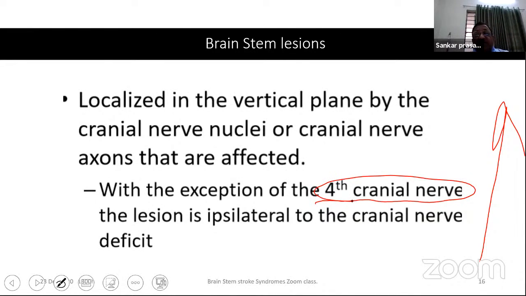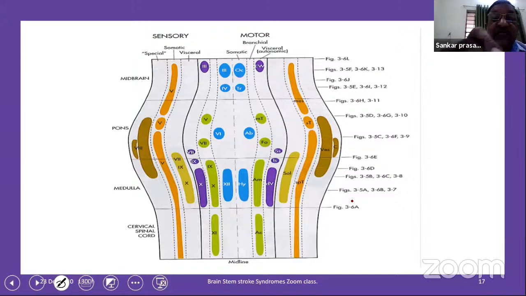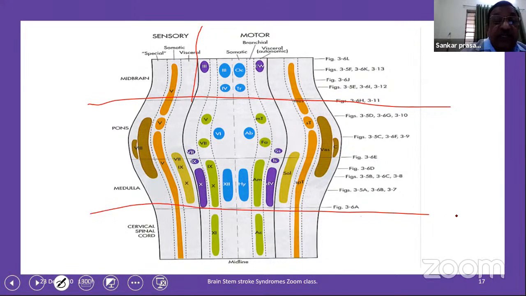The fourth cranial nerve is the one cranial nerve that originates dorsally, and it also decussates at the origin itself. So the right fourth cranial nerve supplies the left superior oblique muscle. If you look at this, these are the sensory things, these are the motor things, and you can divide them into 3 regions: pons, medulla, cervical spinal cord.